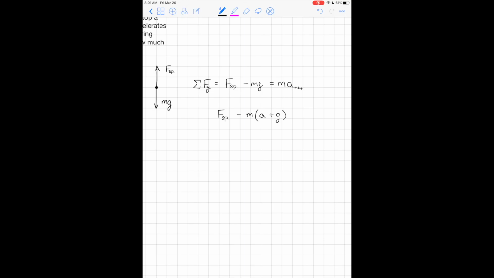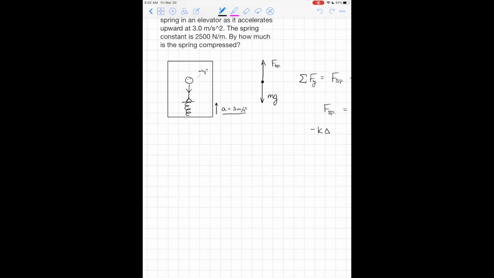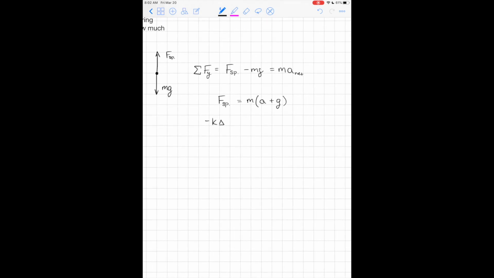Now I have numbers for all of these. But I don't want to plug in just yet. I think I want to expand my spring force. And Hooke's law tells me that I have negative k delta s, or it could be delta y if we want it to be here. This is where we're saying that we probably compress downward from some initial equilibrium position.